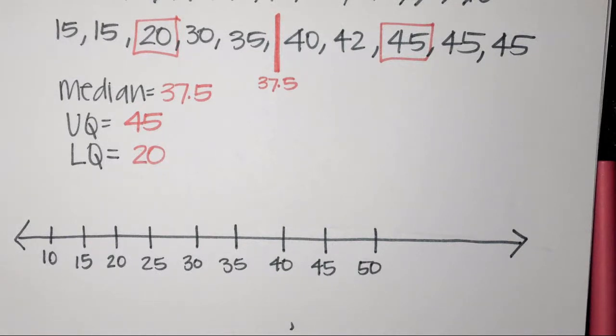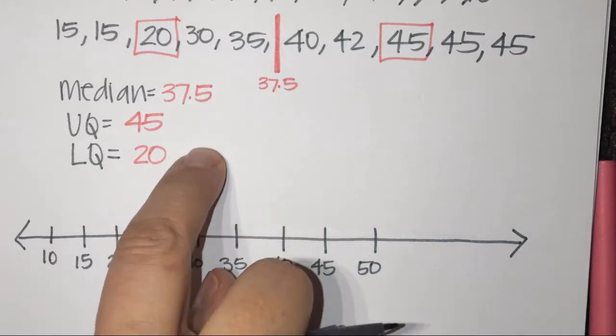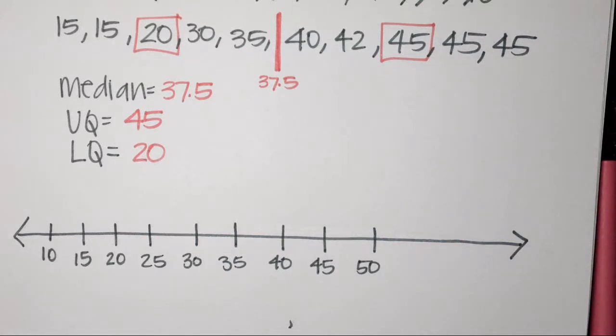Yes? Just hang on. All we've done right now is found these 3 values and drawn our number line. Bless you. All right. Once you have your number line, you're going to go and mark.